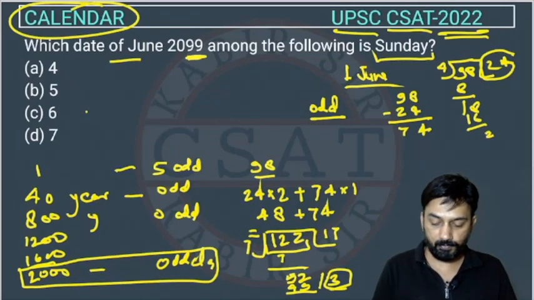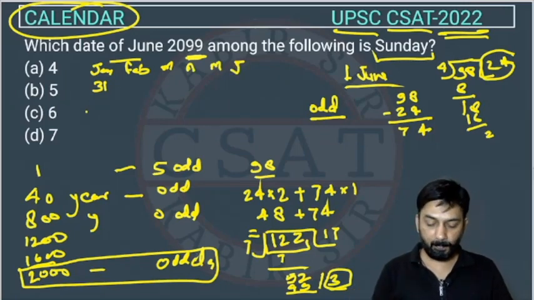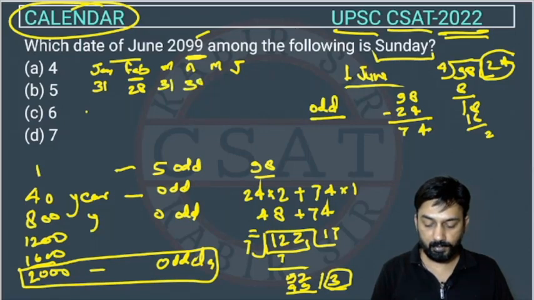In the month of January, how many days? 31 days. Then February, March, April, May, and then June. Since 99 is not a leap year, this is an ordinary year, so February will have 28 days. March will be 31, then 30, then again 31. June we have to calculate.